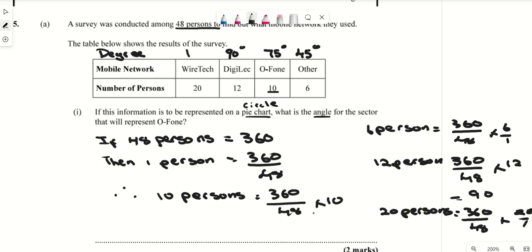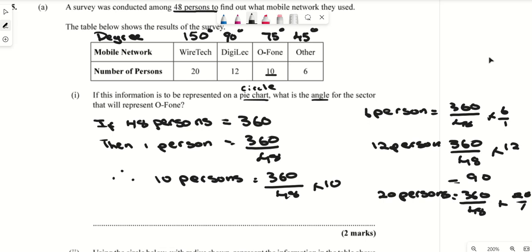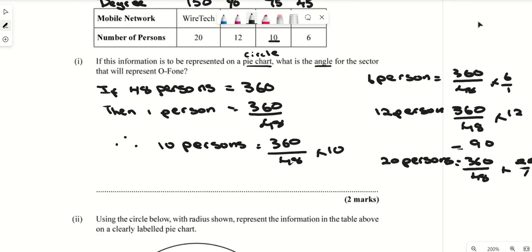So we know Wiretech is 150 degrees, right? So this is just additional information that we may need in the other questions. So we know what angle would be Ophones. Ophones would be 75 degrees.